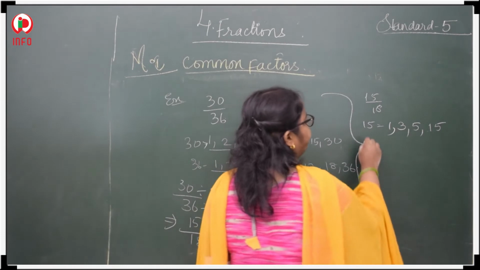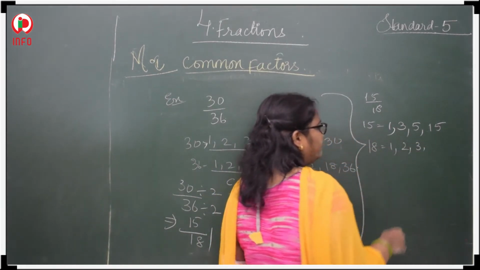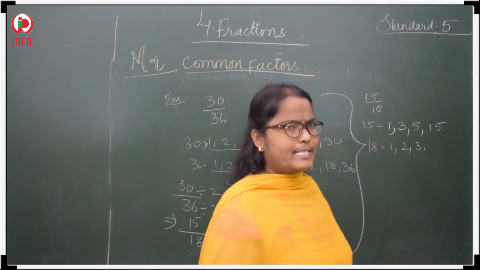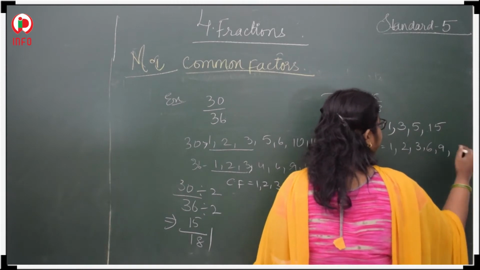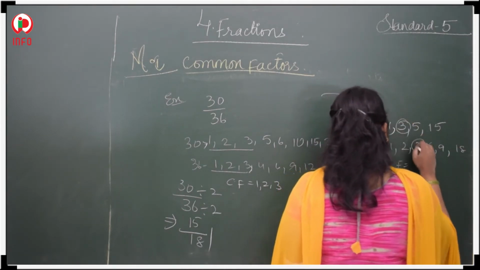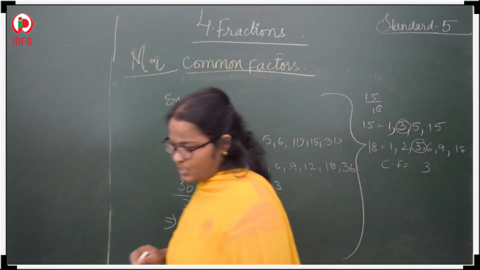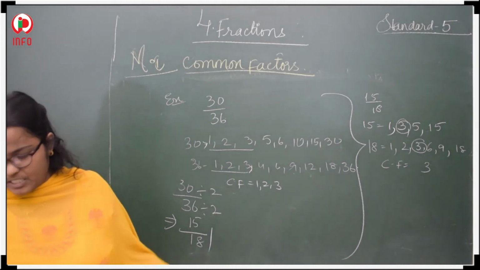Next 18: 1, 2, 3, 6, 6 3s are 18, 9 table, 9 2s are 18. So what's the common factor over here, guys? 3. 15 and 18 have one common factor, which is 3.